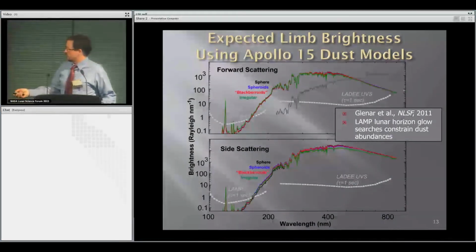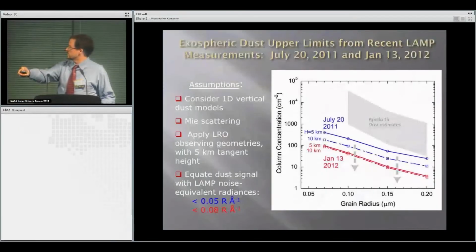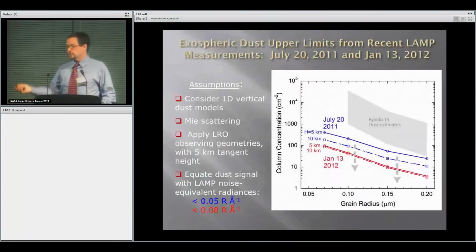Since then, we've produced some improved observations where we have a better forward scattering angle that lets us be more sensitive to the columns of dust that we're investigating. Here are two such observations on July 20th, 2011 and January 13th, 2012.